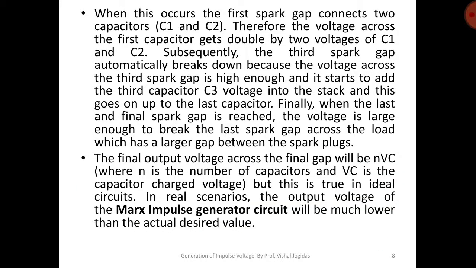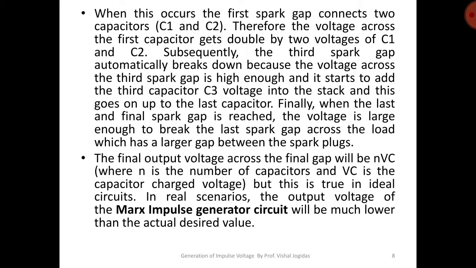be doubled. Subsequently, the third spark gap automatically breaks down because the voltage across the third spark gap is high enough, and it starts to add the third capacitor C3 voltage into the stack, and this goes on up to the last capacitor.